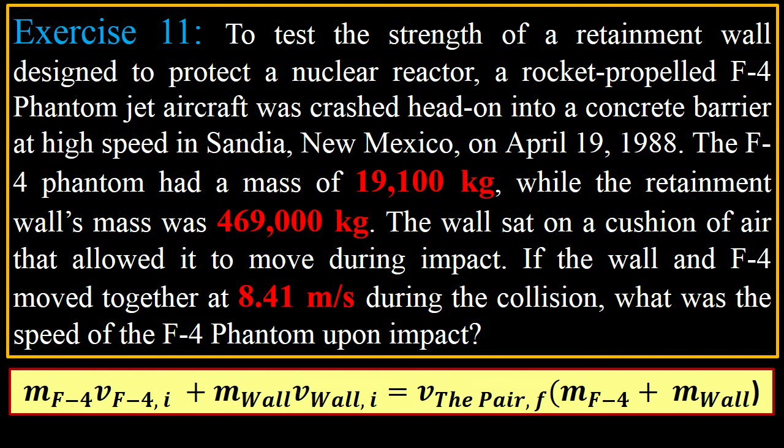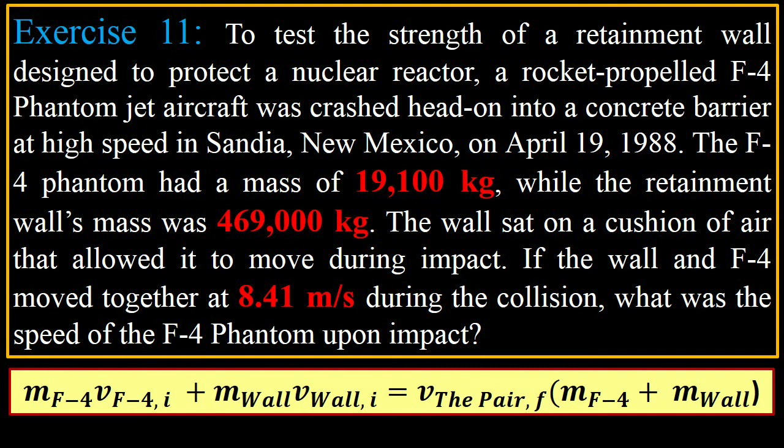The initial momentum is the sum of the wall and the aircraft, and the wall's going to cancel, obviously. And the final momenta is a combination. It's actually one momentum, and it's going to be the velocity of the pair times the sum of the masses.